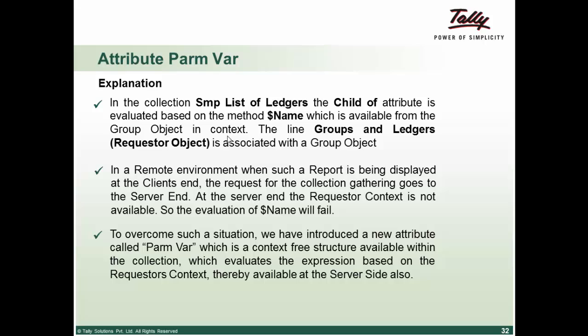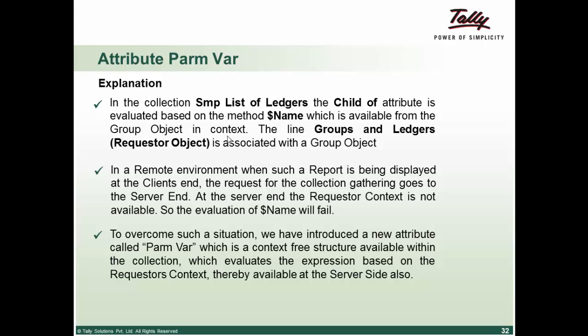At the server end, the requester context itself is not there, as the report is not open. I am on the gateway of Tally, and the collection at my report level is already flushed out. The $name does not exist on my remote side, and when I go to my server, the requester context itself is not there.